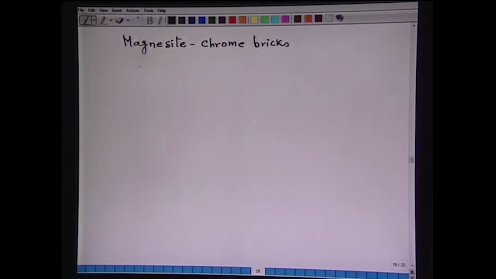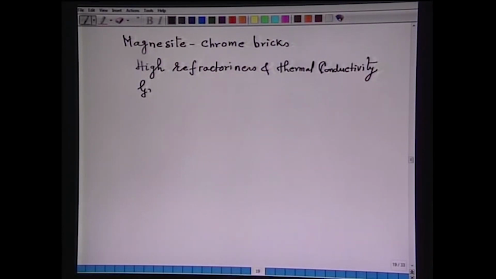These refractories, their properties, they have high refractoriness, and thermal conductivity, then great resistance to basic slag.